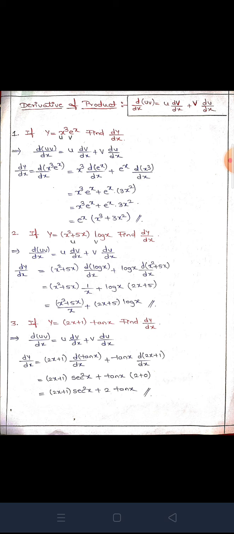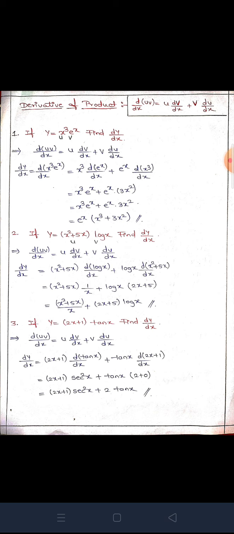What is differentiation of e raised to x? It is e raised to x, plus e raised to x is a constant, so write e raised to x as it is. Differentiation of x cube is 3x square. So here you can take e raised to x outside. So it is x cube plus 3x square in the bracket.